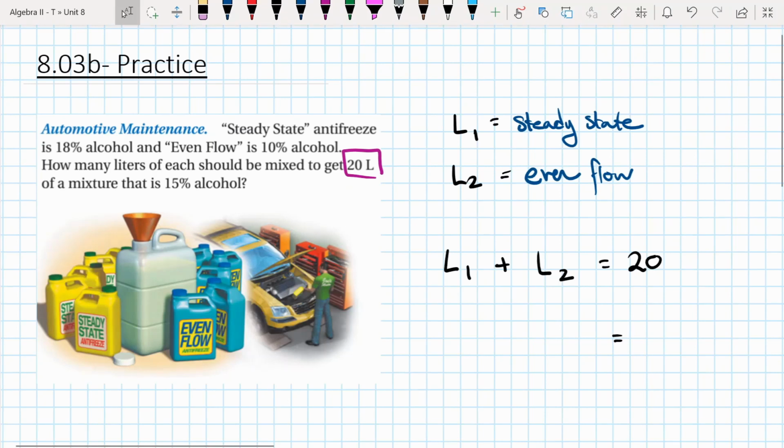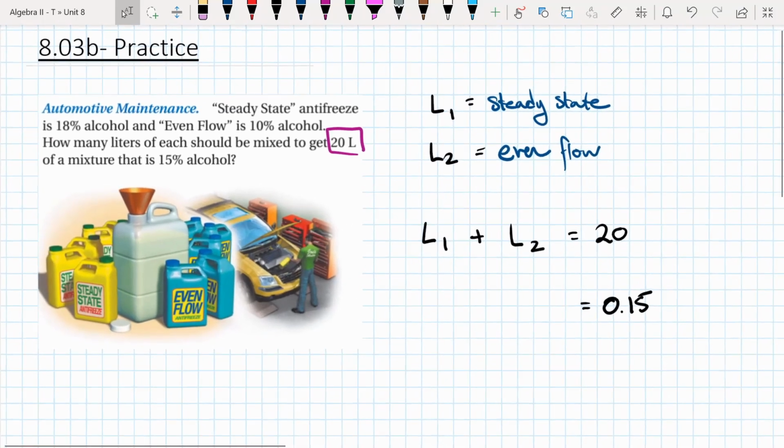Okay, so let's start with the right hand side. We want the mixture to be 15% alcohol, so let's write this as a decimal, 0.15. We're going to multiply this by the total amount of volume once we've mixed these solutions together. And that is going to be L1 plus L2.